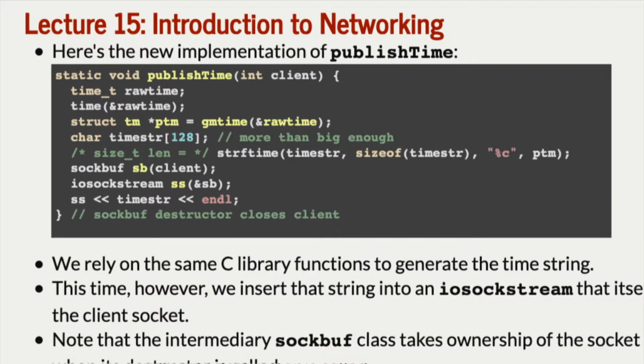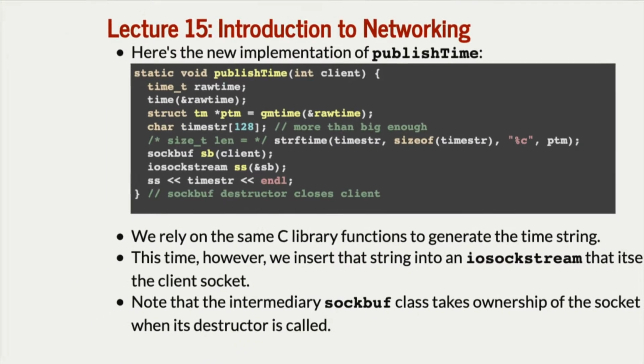Then we create a socket stream, which is very much like cout, and you pass the sock buffer into that, and then you can do SS less than time string, etc. So you're not going to have to do all this write business with while loops. You're always going to convert it into a little sock stream like that and go with it. That's going to be kind of nice, that we're not going to have to worry about doing that anymore.